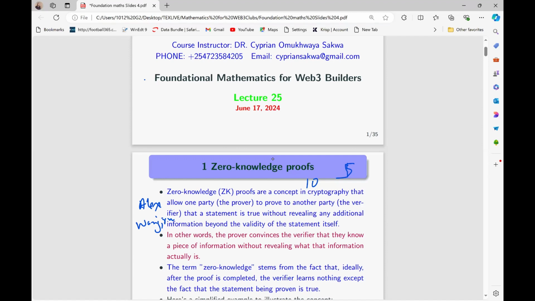Because nobody can tell Alex that you plucked 10 leaves from that tree if that person did not know how many leaves were there originally. This person is just looking at the tree, then telling you now this tree is less 10 leaves. It means this person knows the total number of leaves on that tree, but she doesn't want to tell Alex how many leaves are there. So that is the secret.